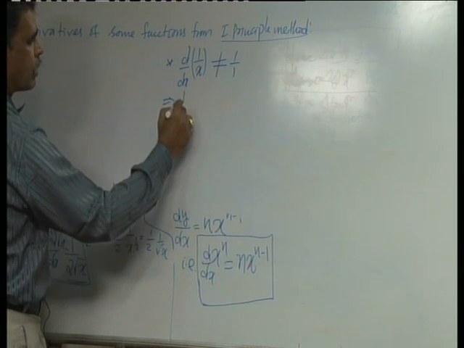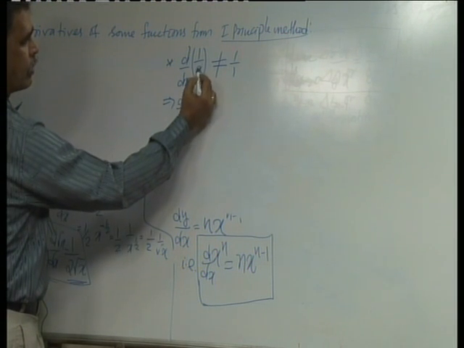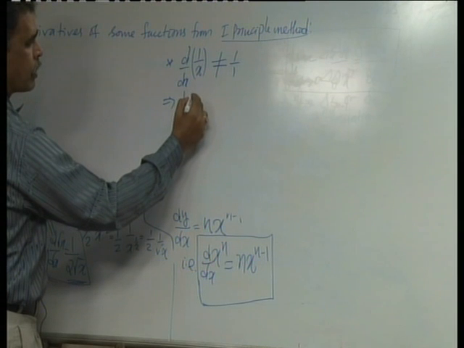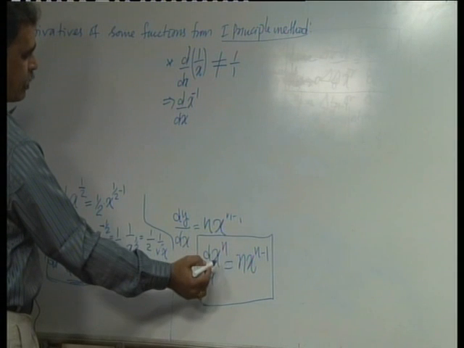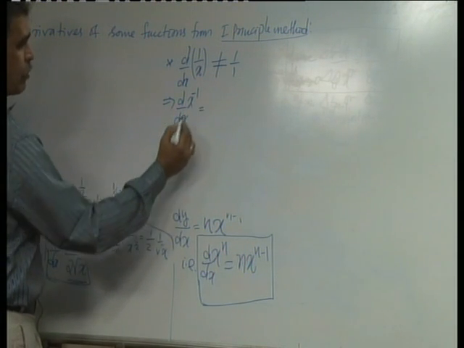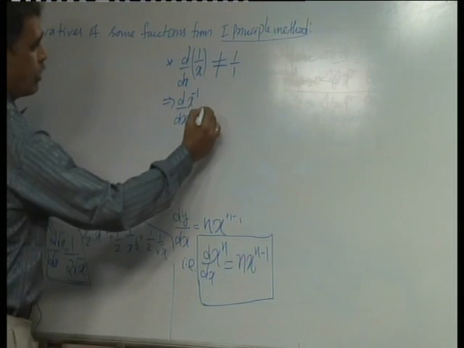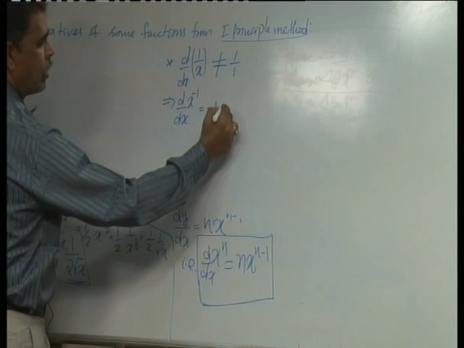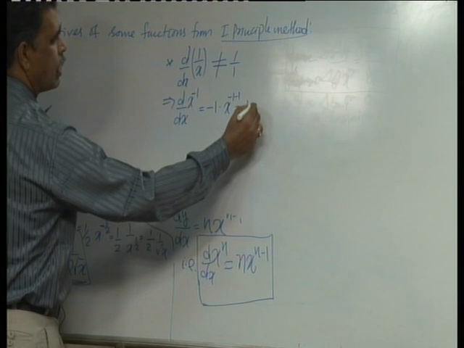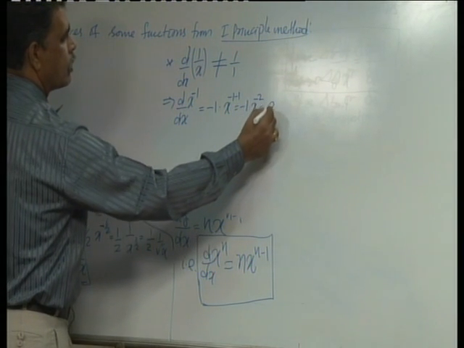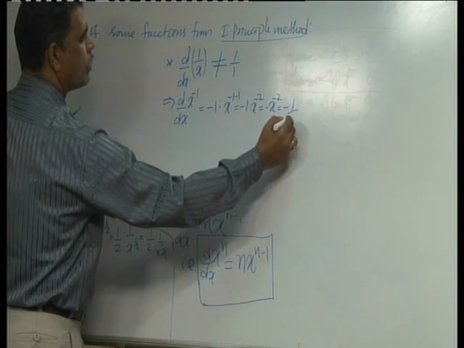We have to take this as x to the power of minus 1. What is the power of x? 1. When it is taken to the numerator, the power becomes minus 1. Now it is of this form, x to the power of n. I mentioned that n may be positive, negative or a fraction. n into x to the power of n minus 1, that is minus 1 into x to the power of minus 2, or minus 1 by x square.